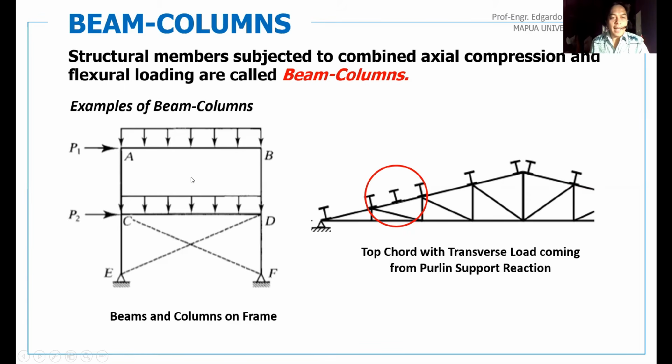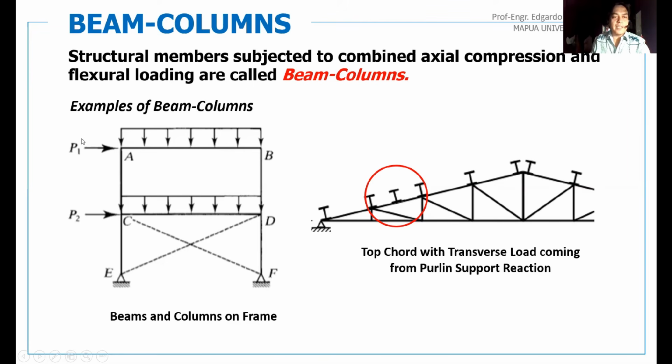When we analyze the columns here, the columns experience moments that make them act as a beam. At the same time, due to the gravity loads, the columns experience axial compression. Thus, the columns on this frame are considered beam columns. Likewise, the beams, let's say beam AB and beam CD, act like beams due to the uniform transverse or gravity load they carry.